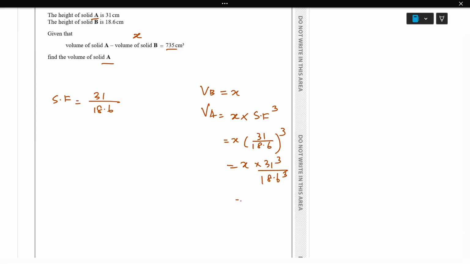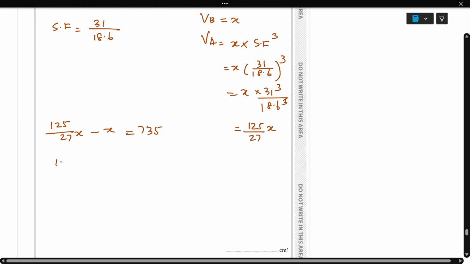So the answer in the lowest terms, you will get 125 over 27 into X. Now, we found volume A and volume B, two different things. So I substitute: volume A is 125 over 27x minus volume B, which I took as X, equal to 735.